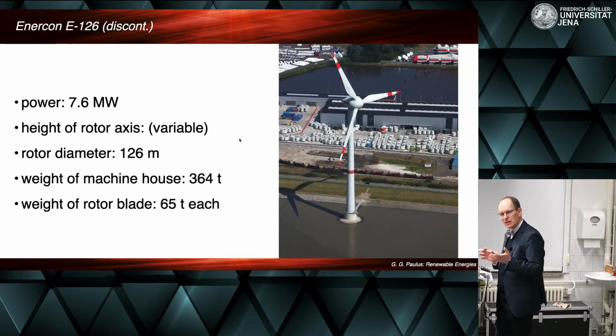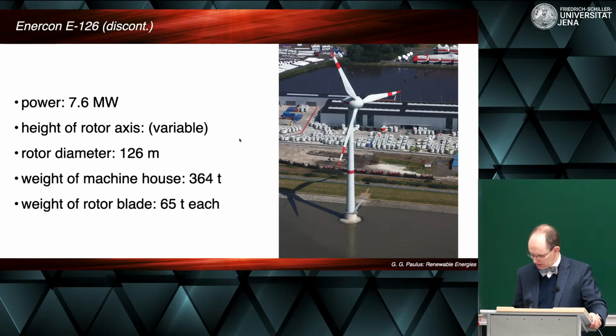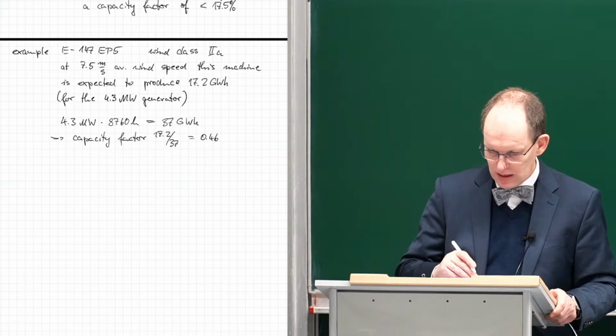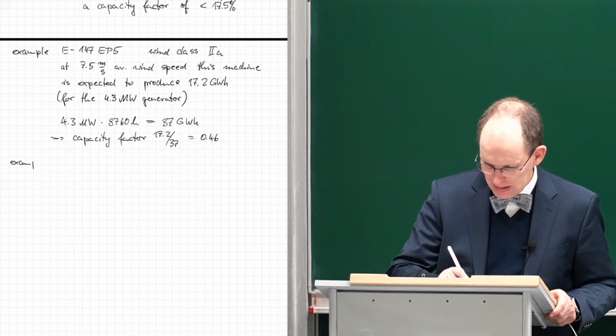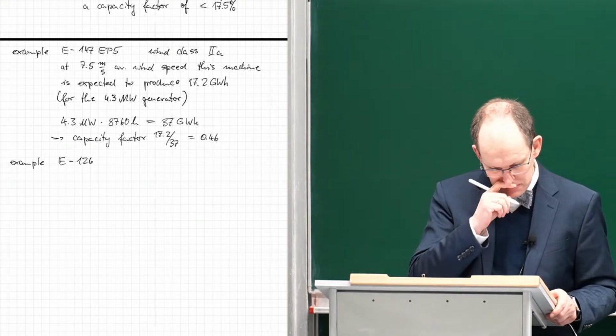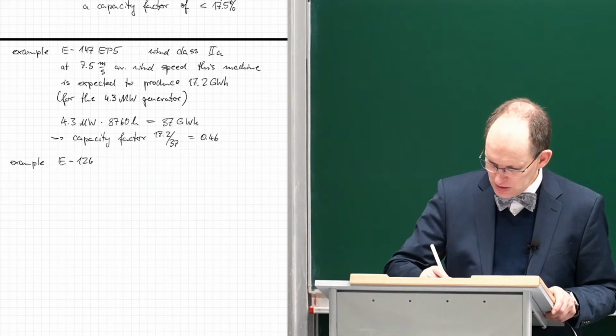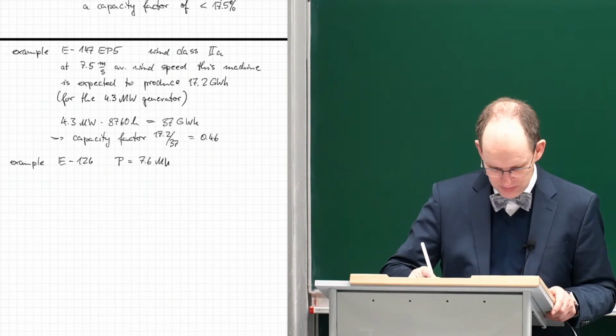Okay, so let's calculate the capacity factor of this machine. Another example would be the Enercon E126, which has a power of 6.7 megawatts, right?